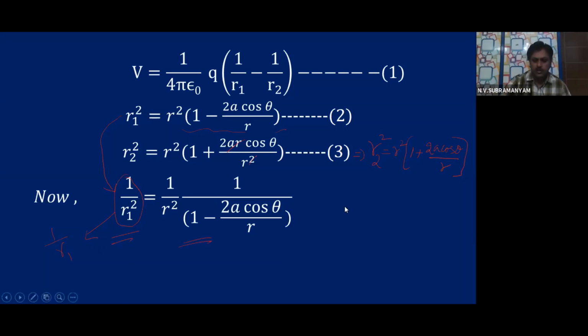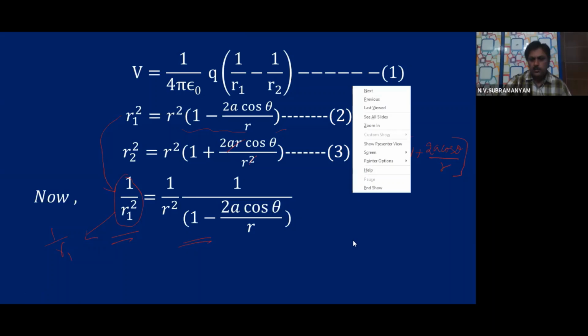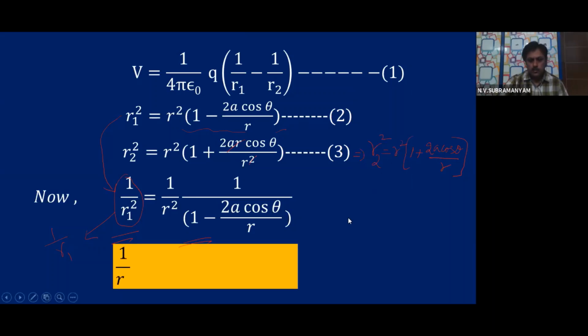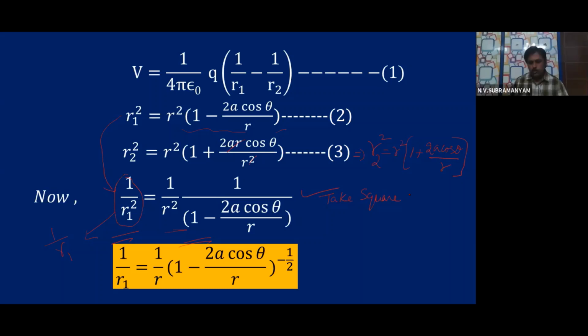Shall we do that? Okay, let's see. So 1 by r1 is equal to, I took the square root on both sides.